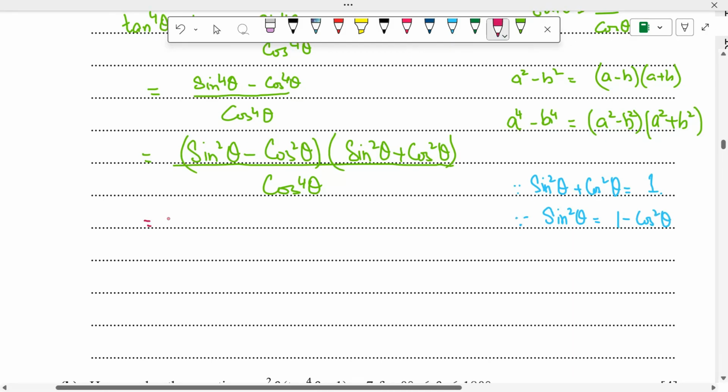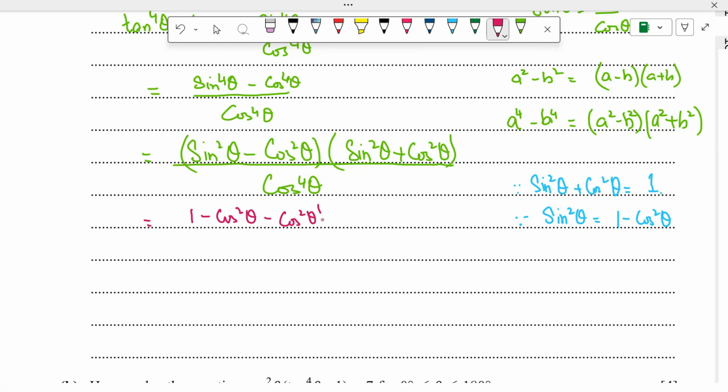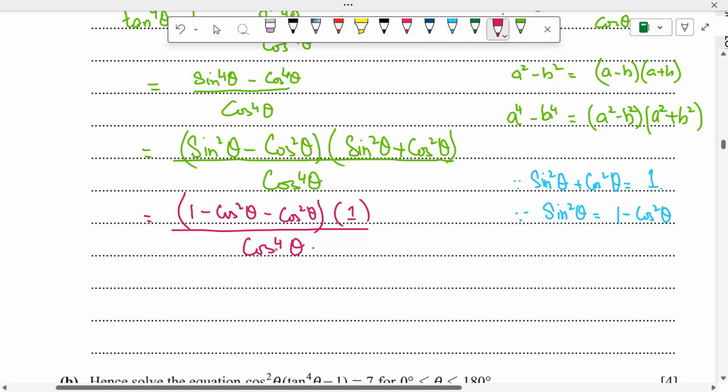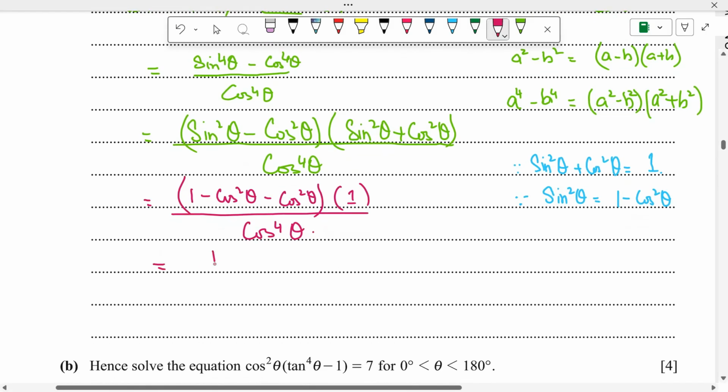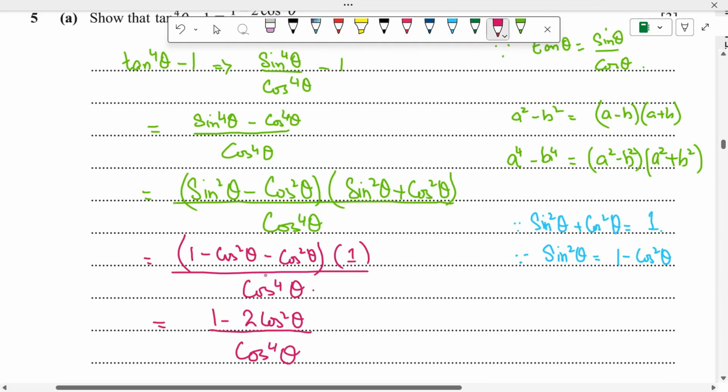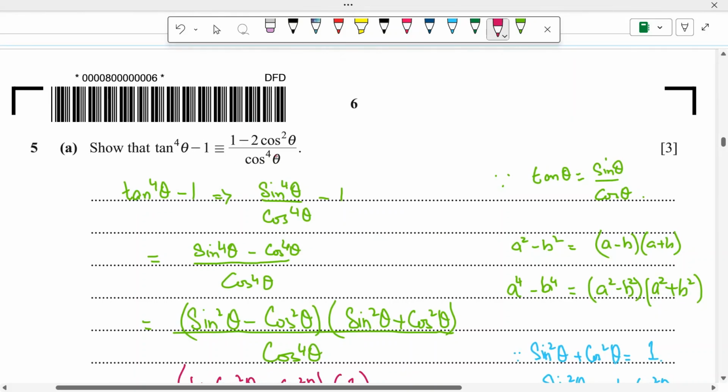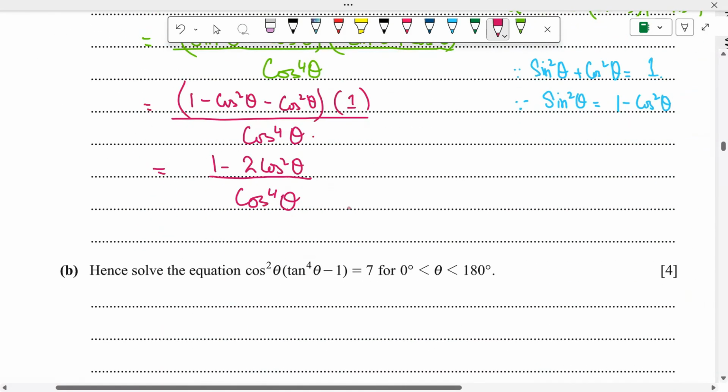We will have (1 minus cos squared theta minus cos squared theta) times 1 over cos to the power of 4 theta. So we will have 1 minus 2 cos squared theta in the numerator, and in the denominator we will have cos to the power of 4 theta. And this is equal to the right side of the equation. So hence proved.